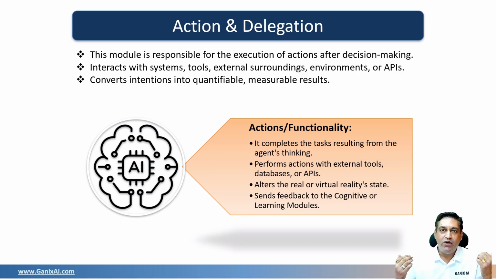Okay, so it gives the execution. After the decision is done, it delegates also, like this action has to be done by this agent, and this action has to be done by that agent. All of this is done at this level.